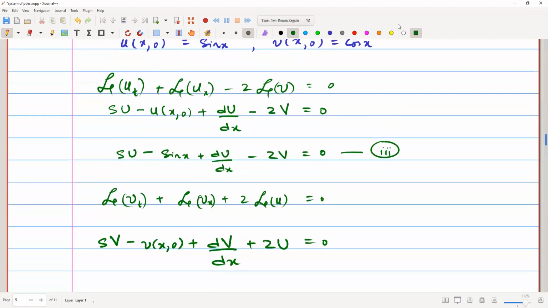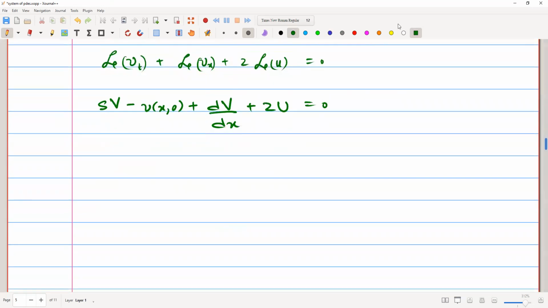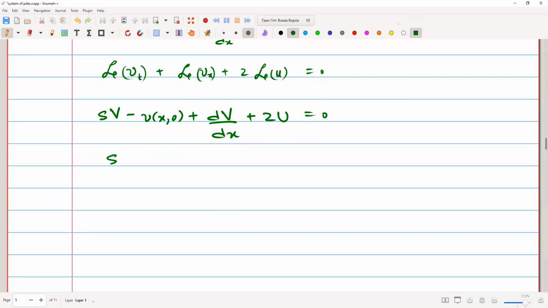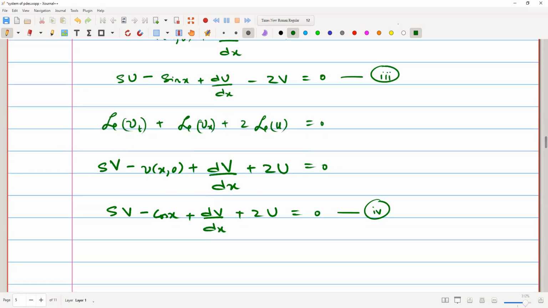Applying the initial condition, v(x,0) is cos x, so s v̄ - cos x + dv̄/dx + 2ū = 0. We name it as equation 4, right? Now see equation 3 and equation 4, and we can see that it's a coupled ordinary differential equation, so we can solve these coupled equations easily.